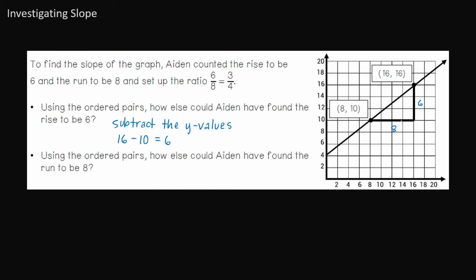And he could have found the run to be 8 by looking at the x values. I see 16 and 8. So we'll subtract the x values. All we're doing is still finding the change in y and the change in x. To determine the change, we can subtract the values. So when we subtract the x values, that would be 16 minus 8, which is 8. So we're still calculating rise over run, just in a more precise way.